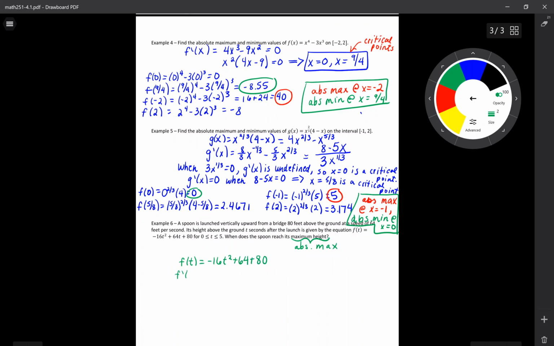That makes f prime of t equal to negative 32t plus 64. This is a polynomial, so it's always defined. So to find my critical points, I set this equal to 0, and that means that I have negative 32t equals negative 64, which means t equals 2 is my only critical point.